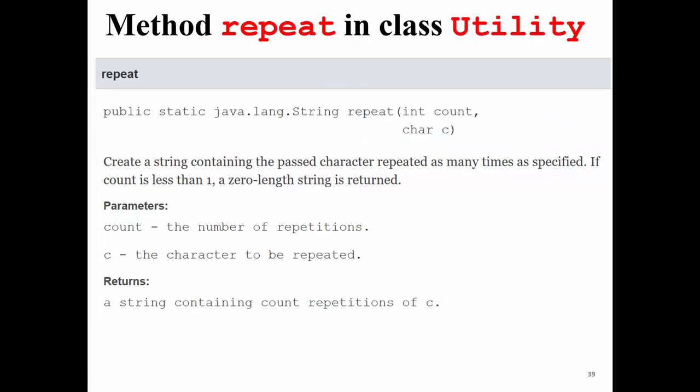This is repeat, just to pick one for example. I will look at the header of the method, and let me know what is the signature of this method. I need to know the signature of the method.